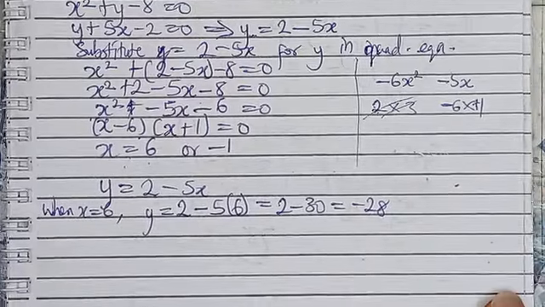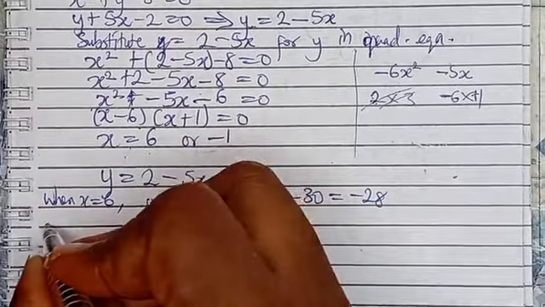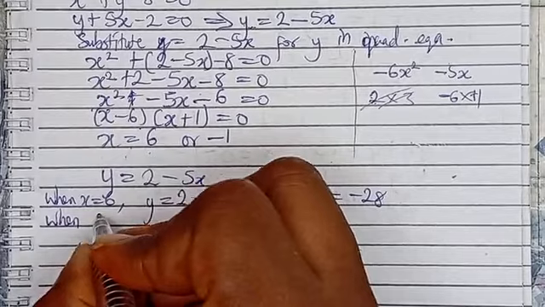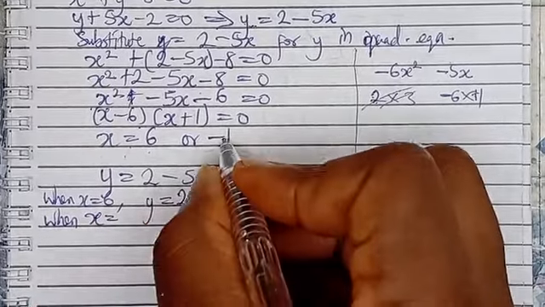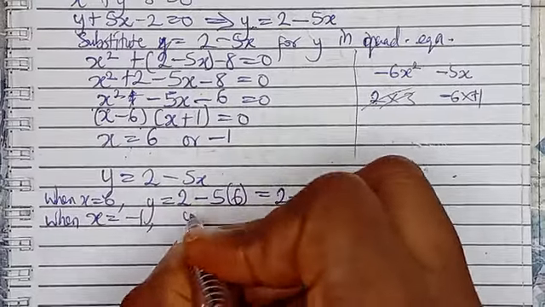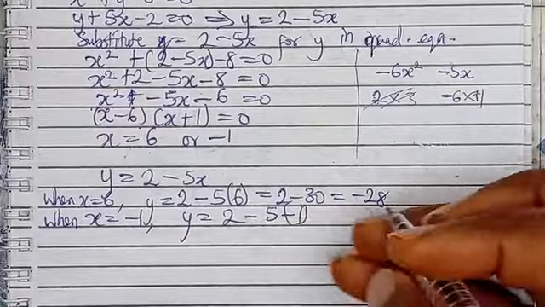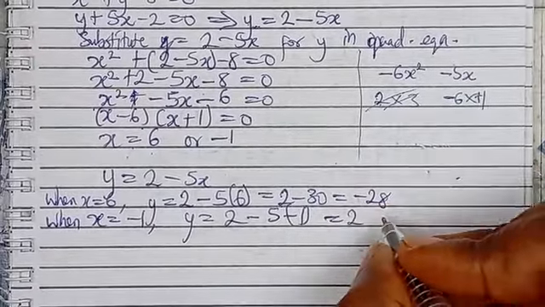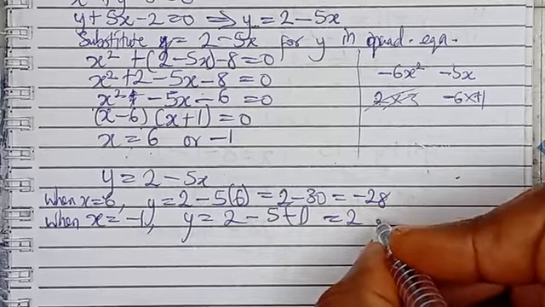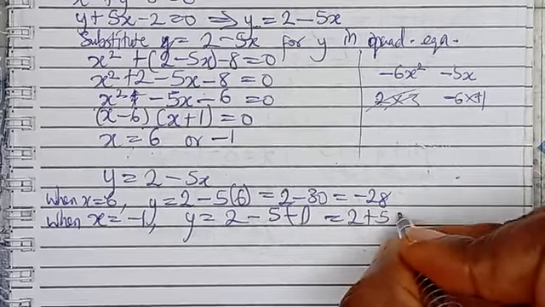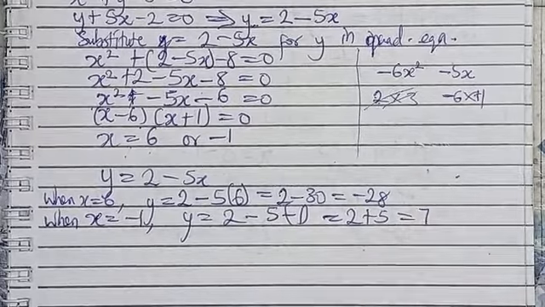And then for the second condition, when x is equal to minus 1, we have that y is equal to 2 minus 5 into minus 1. Then 2 minus 5 times minus 1 is plus 5. 2 plus 5, that is 7.